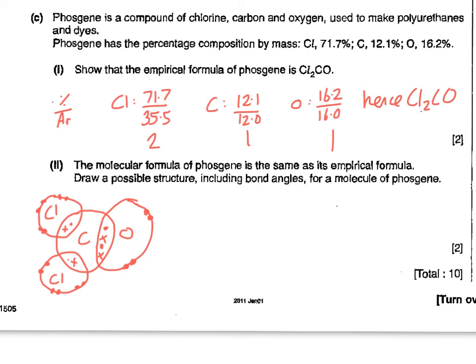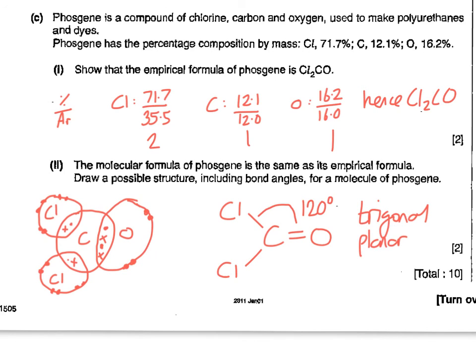So to help me deduce what kind of shape it's got, if I do a dot cross diagram, I can see that I've got a double bond between carbon and oxygen, and 2 single bonds between carbon and chlorine. It's obviously going to be a 120-degree bond angle, and it's a trigonal planar shape.